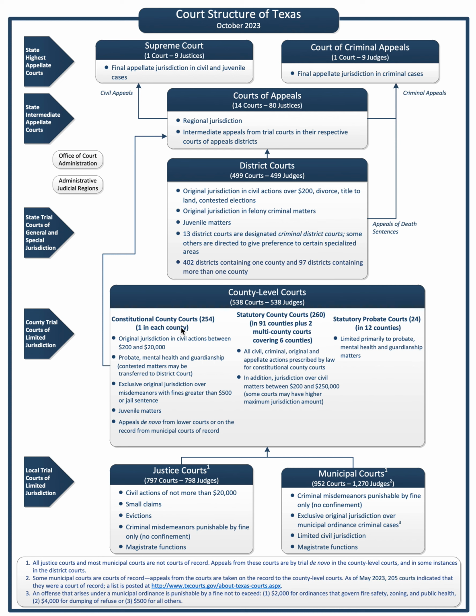So there are created in here what's called a statutory county court. You'll hear them referred to as county courts at law. Those are created by the legislature to handle that processing, whereas a county like Johnson County or Somervell County, probably Hill County, are just covered by a singular county court.